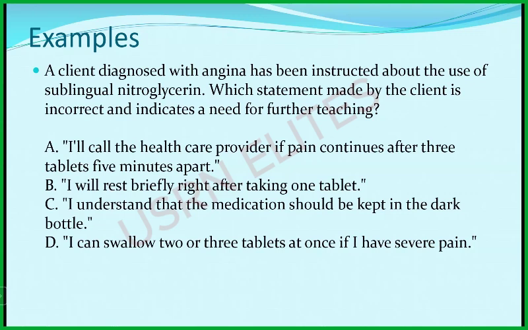I have noticed that with these NCLEX questions, you are always torn between two answers. There are always two answers that are very, very close to each other. For example, choice A says, I'll call the healthcare provider if pain continues after 3 tablets 5 minutes apart.